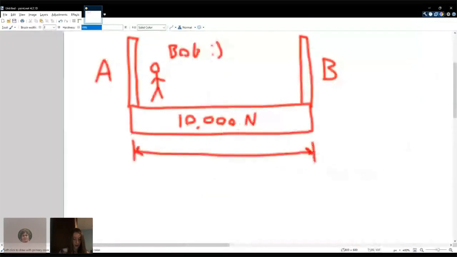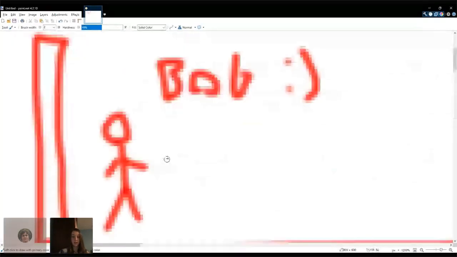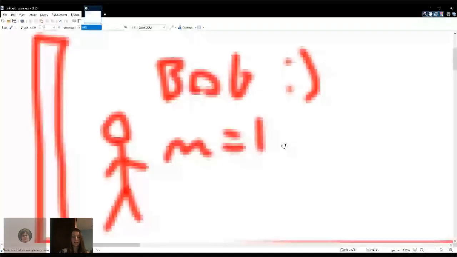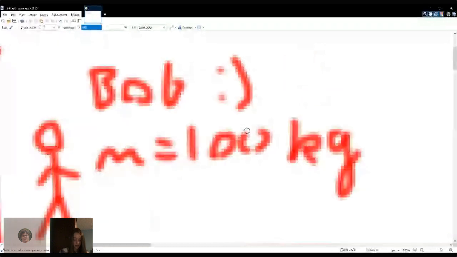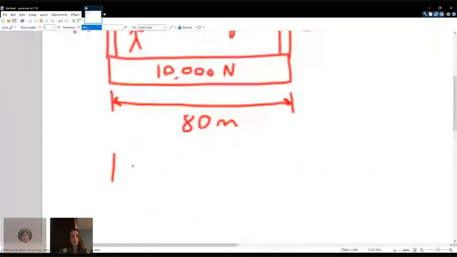Bob, whose mass is 100 kilograms, is standing 20 meters from the center of the bridge toward pillar A.